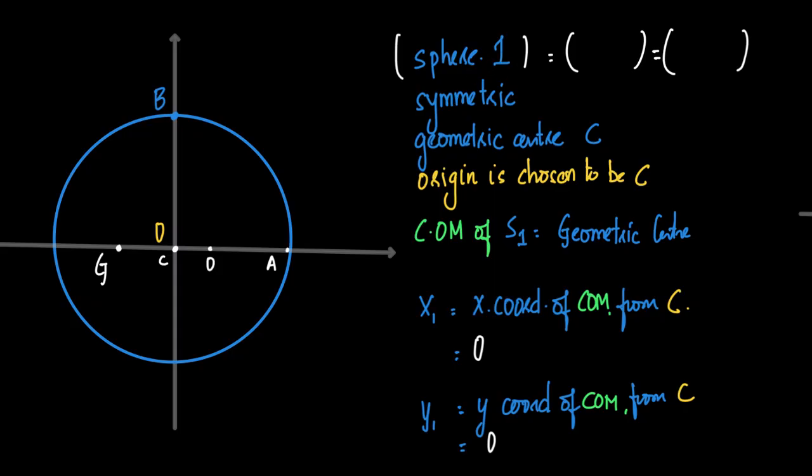The center of mass of sphere 1, being a symmetric figure, is the geometric center, which is at C. Now, if I were to write the center of mass of sphere 1 as x1 comma y1, then x1 comma y1 should be the geometric center, which is C, and since C is chosen as the origin, it is equal to 0 comma 0, right?